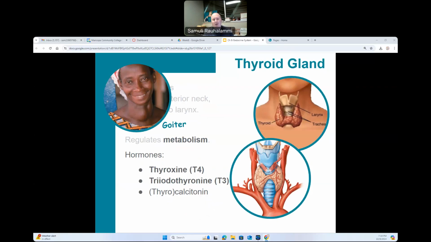In the case of hypo, we're seeing too little thyroid hormone, so we're going to see some clinical signs and symptoms as a consequence. Here on this slide we're seeing a picture of a woman with an enlarged thyroid. This is a condition called goiter.